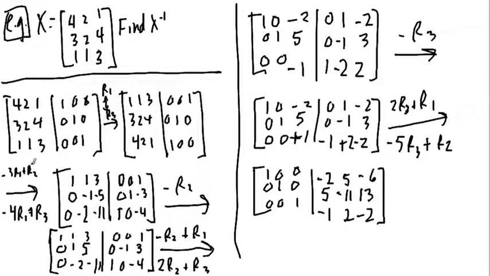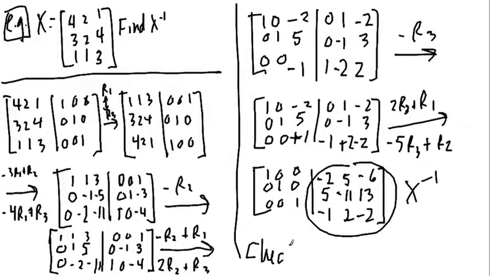So let me get back over here. This right here is x inverse, and to check, all I have to do is check that x times x inverse, or x inverse times x, is equal to the 3 by 3 identity matrix. So go ahead and do that.